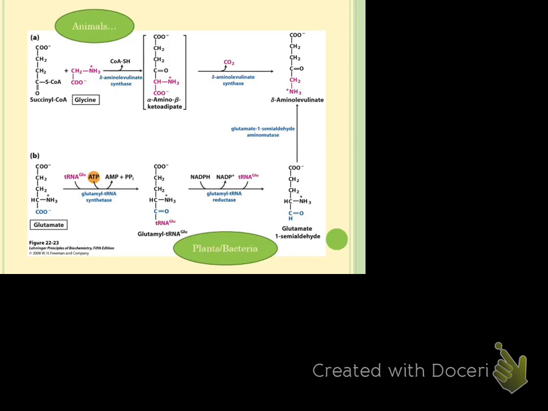Hopefully it makes sense that this is delta aminolevulinate synthase, because it doesn't require ATP, and it just decarboxylates and removes the coenzyme A from it in order to form the aminolevulinate.